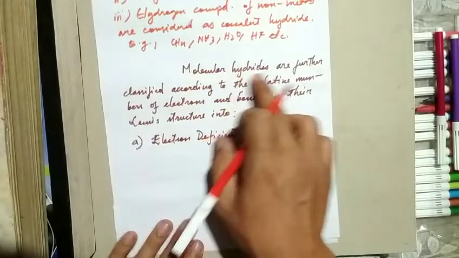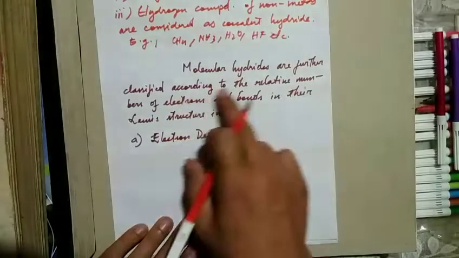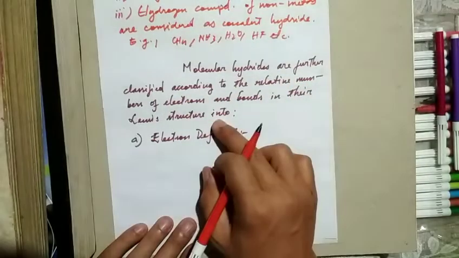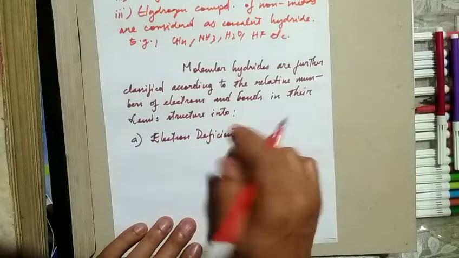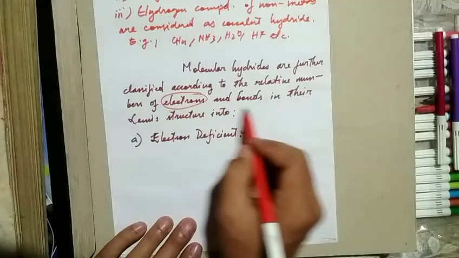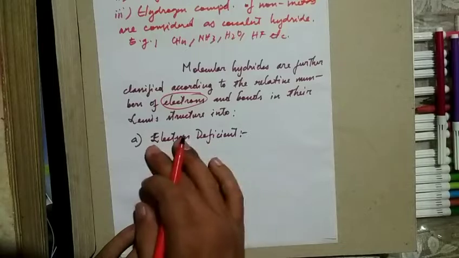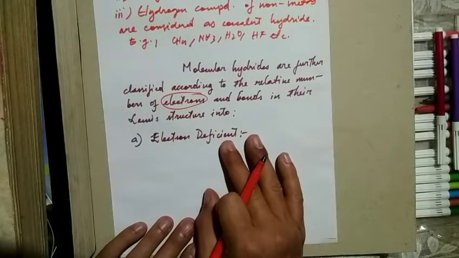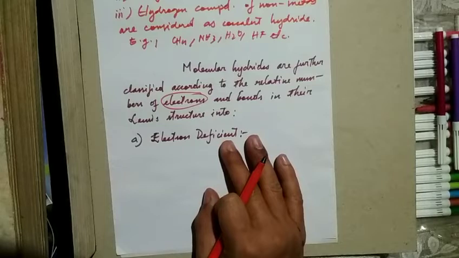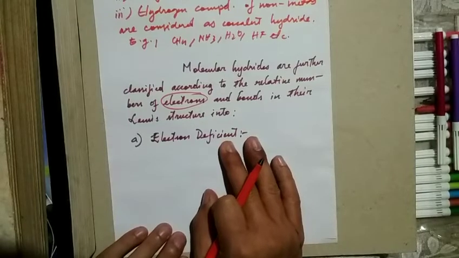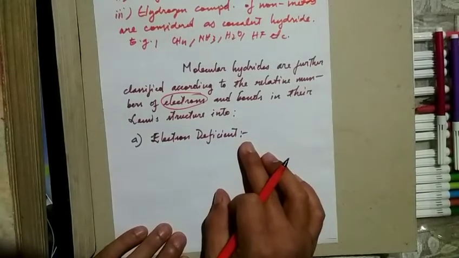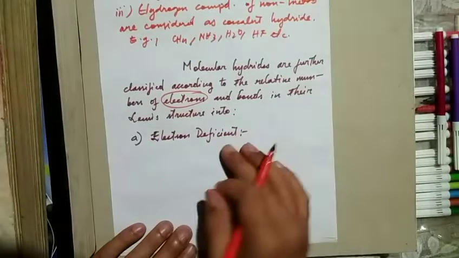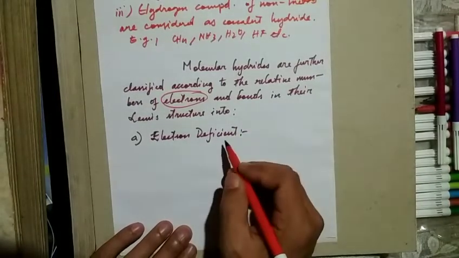Covalent or molecular hydrides are further classified according to the relative number of electrons and bonds in their Lewis structure. So according to the number of electrons or bonds, they are classified into three: electron deficient, electron precise, and electron rich. By the word electron deficient, we know that electrons are lacking.